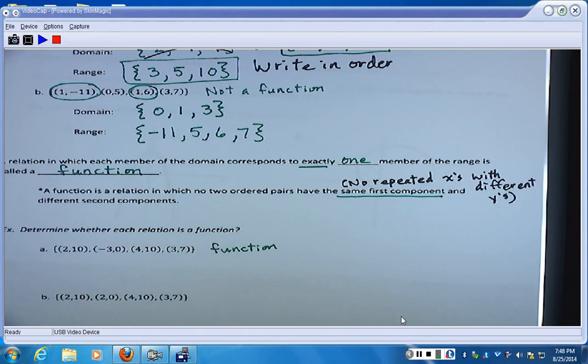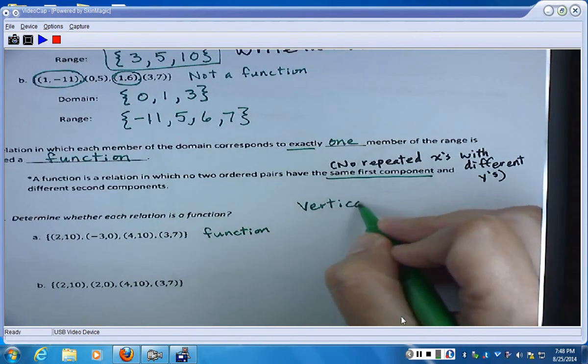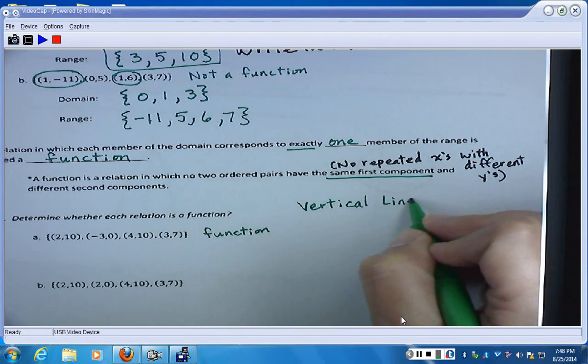And we're going to get to this in a minute, but the way I like to do this is it's called the vertical line test for functions.